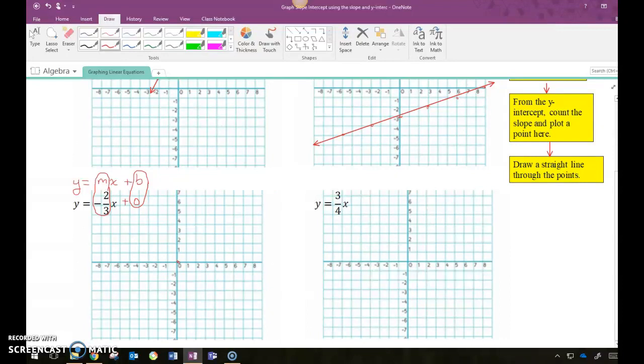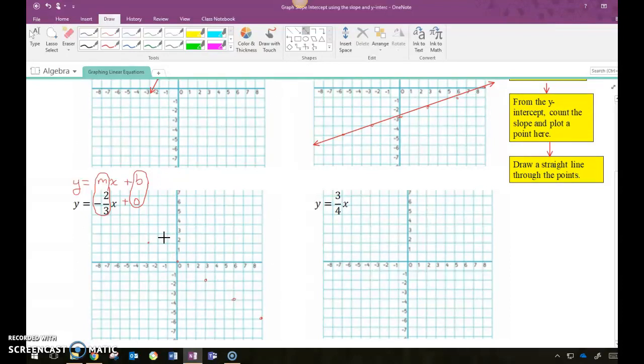Okay, so now I'm going to go down 2 spaces and over 3, plot my next point. I'll go down 2 and over 3 again, plot another point, and down 2 and 3 and plot another point. Now I only need 2 points, but if you notice, if I keep plotting the points, then I kind of see a pattern here where the points on the graph go. And the more points I have, the better the line that I draw will be.